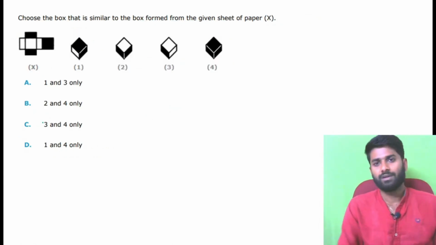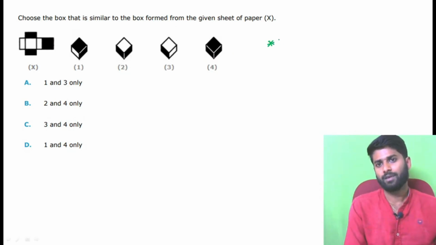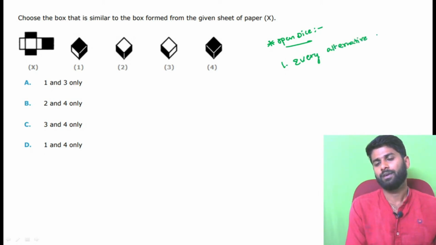Next. Remember, guys, the concept related to open dice, there is a single term. Every alternative term is an opposite pair. Every alternative term is exactly an opposite pair.